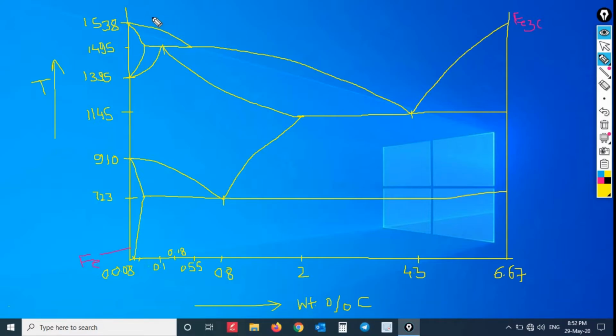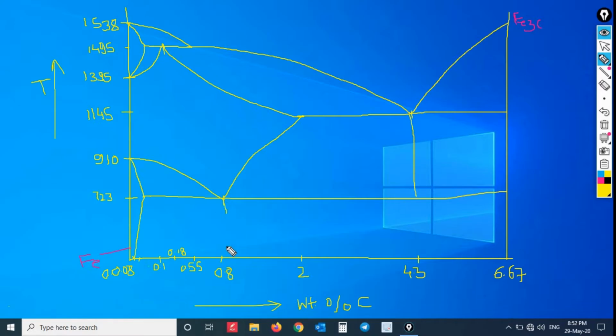Important is that most students get confused about how to join these lines. First make this parabola, after that join 1538 to this, connect 1395 here, and from here join this line, and from this join this line. Now we have to study the important phases present in the iron carbide diagram.